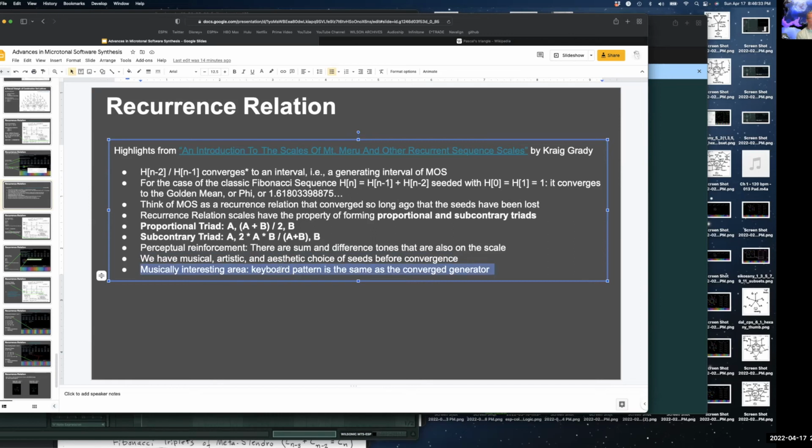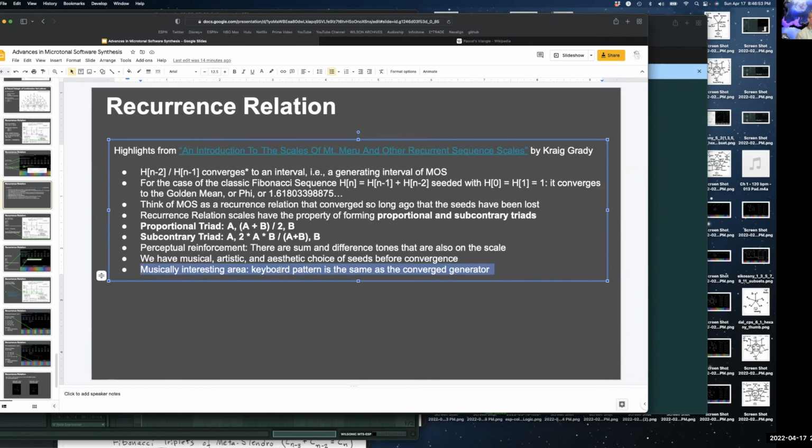And then Craig had this little note in his paper. He has a couple papers that I linked to here on the slides. It's interesting when you choose your seeds, you choose how converged you want to be, but you use the same keyboard pattern as a converged generator, right? So that just makes it intuitive and easy to play by finger.